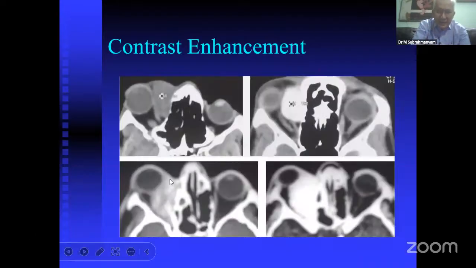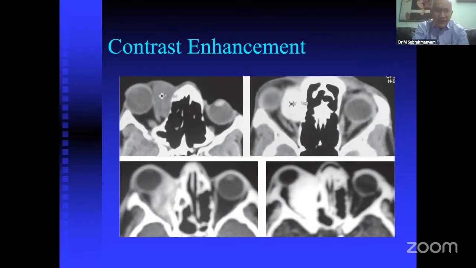Contrast enhancement. We ask for contrast whenever I am looking at a tumor or a vascular lesion. Otherwise, there's no need for a contrast. For example, in thyroid orbitopathy, there's no need to ask for a contrast. Similarly, in case of a fracture, or myocysticercosis that you are expecting, there's no need.